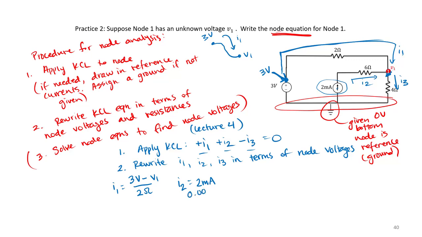And I can proactively convert my units to amps so that I don't screw up later. Finally, my current I3. Well, initially I'm sitting at voltage V1. Then I end at 0 volts after passing through that 4 ohm resistor. So I can write my current I3 as V1 minus 0 over 4.